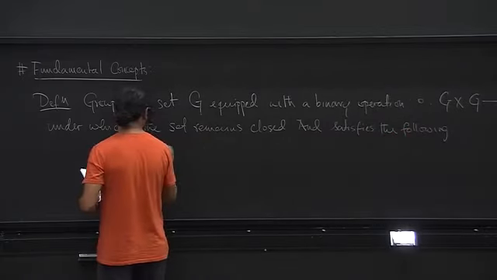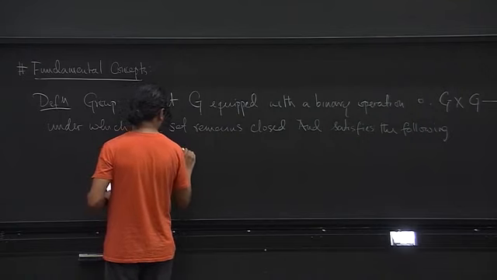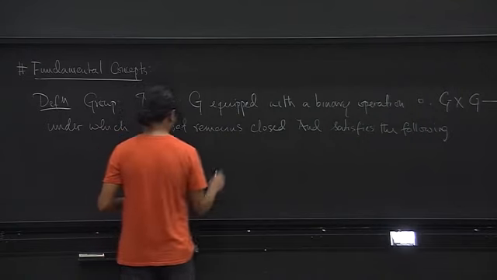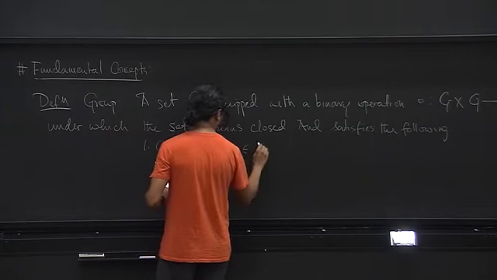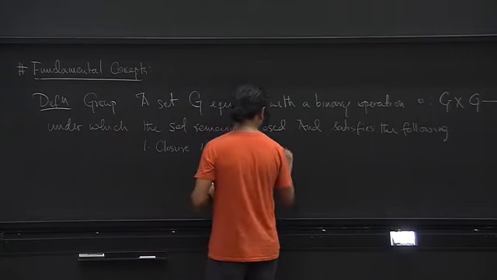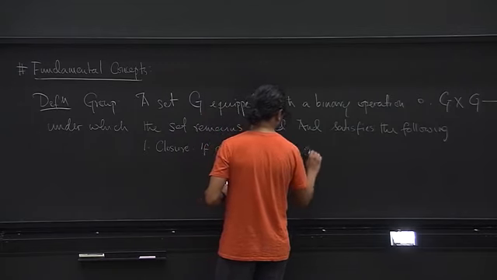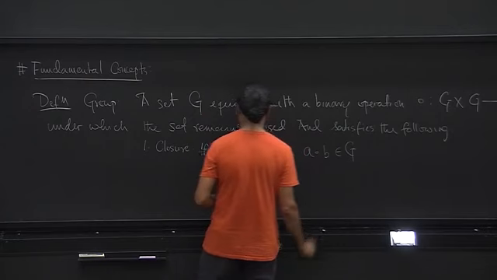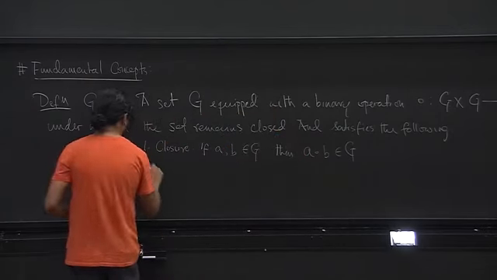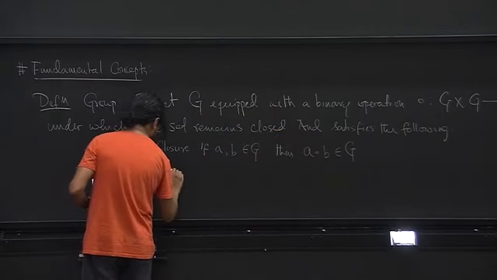As I already said, closure. So if A and B are in G, then so is A times B. The multiplication is associative.